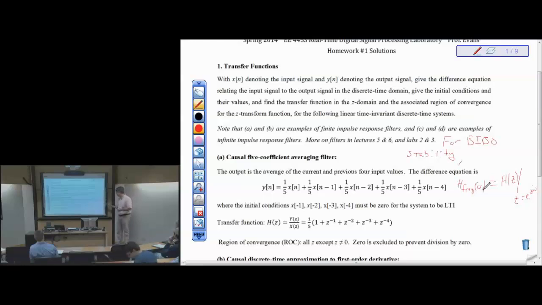So if the unit circle is in this region of convergence, I can do a mathematical substitution. It's valid. However, if the region of convergence does not include the unit circle, then I cannot do the substitution, and I would have to find the Fourier transform another way. You will use lookup transform tables and so forth to do that when we need to.